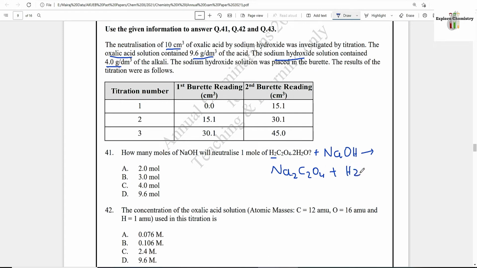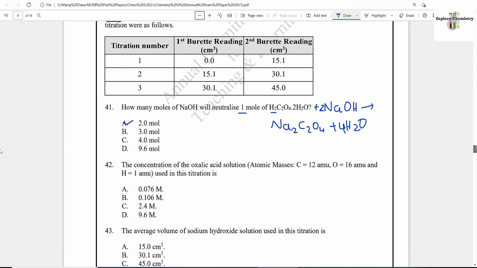To balance these 2 sodium, we need to write 2 here on reactant side, and to balance hydrogen, 1, 2, 4 and 2, we need to write 4 here. So you can see 2 moles of sodium hydroxide are reacting with 1 mole of oxalic acid. So option A is the correct answer. This can be recognized through balanced chemical equation only.